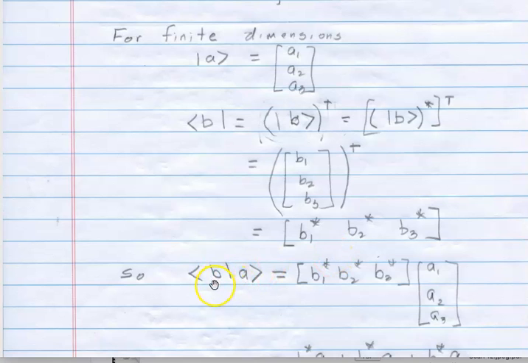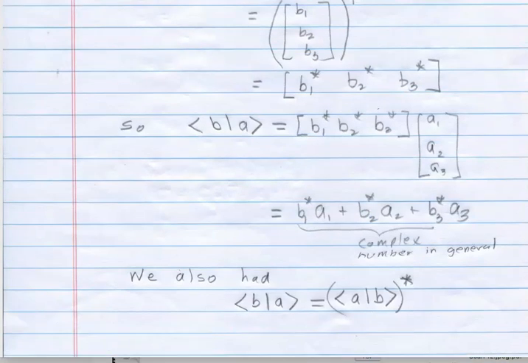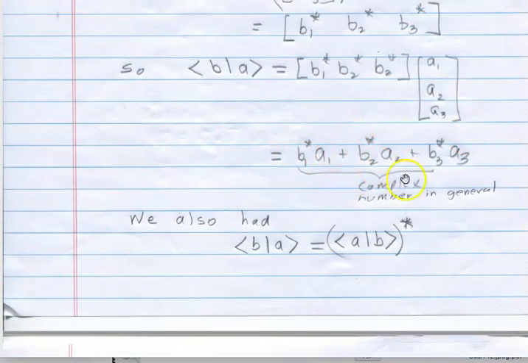Now this product is really just regular vector multiplication, a regular dot product. It's the sum of B1 star times A1 plus B2 star times A2 plus B3 star times A3. And when we've got complex numbers for these A's and B's, this thing in general is a complex number.